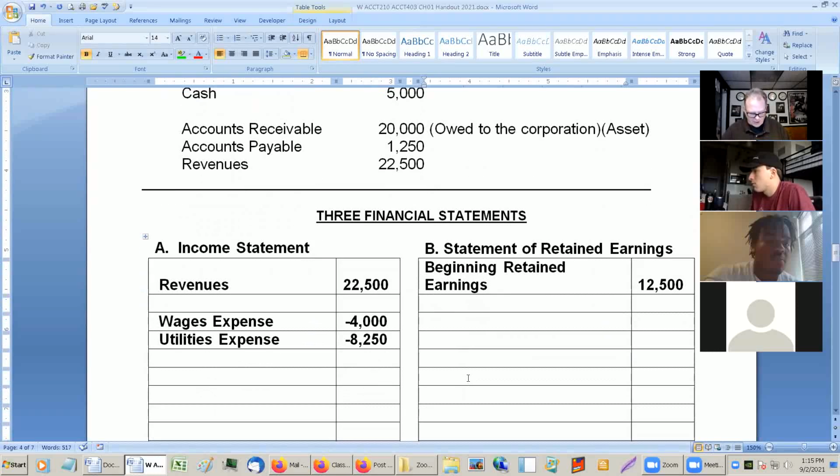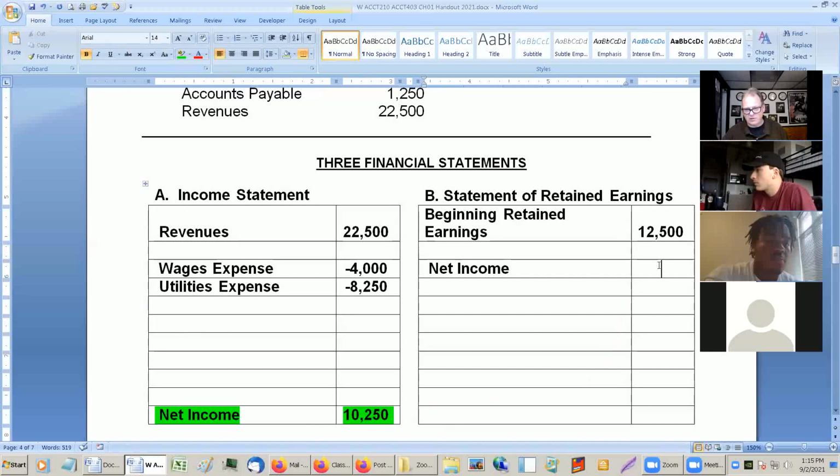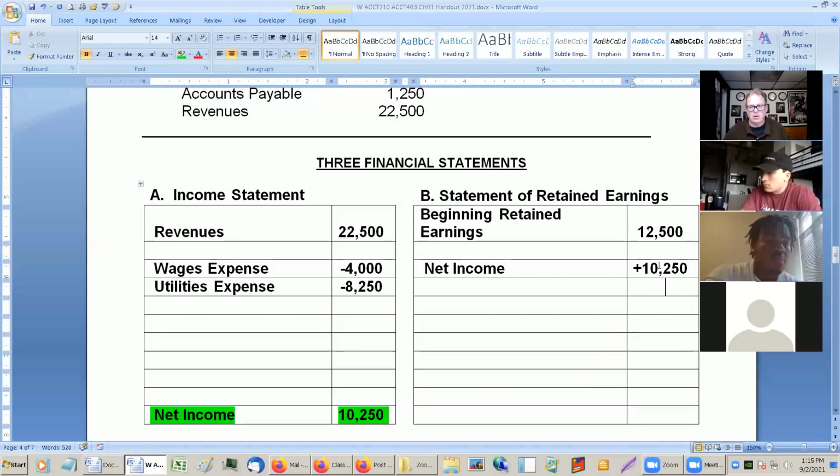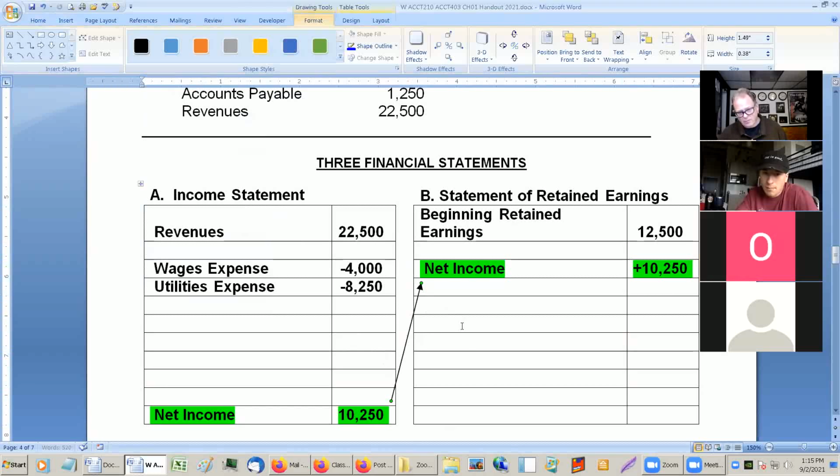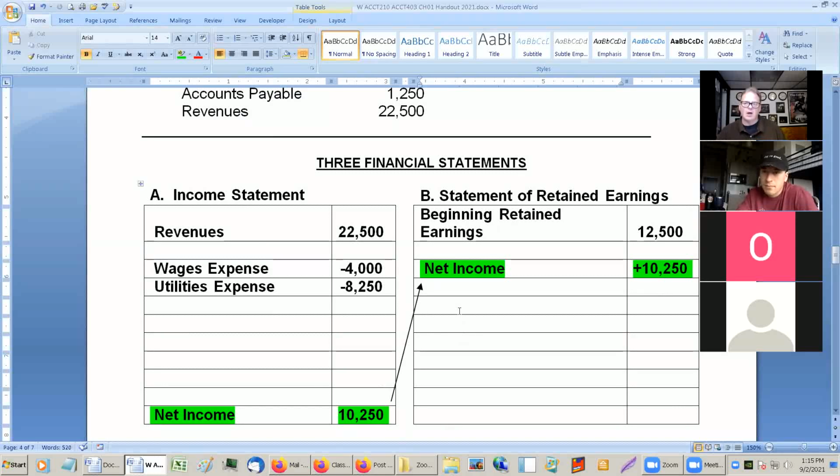Okay. And we add in our new net income, 10,250. And you add cash dividends declared.